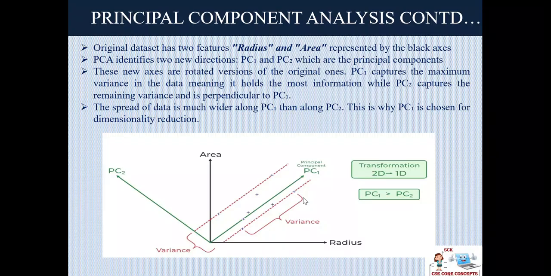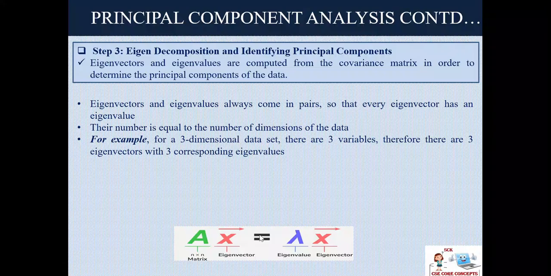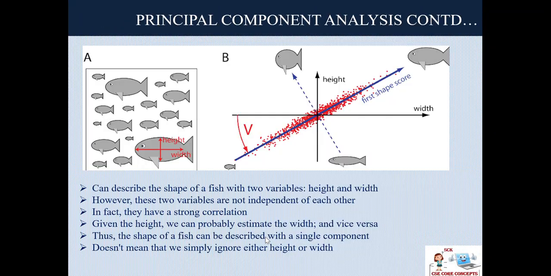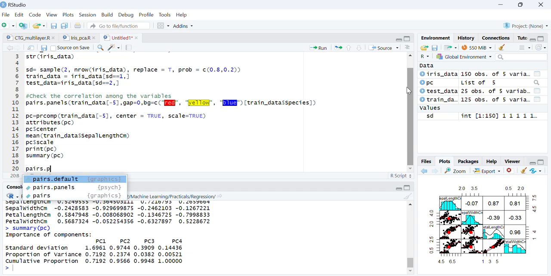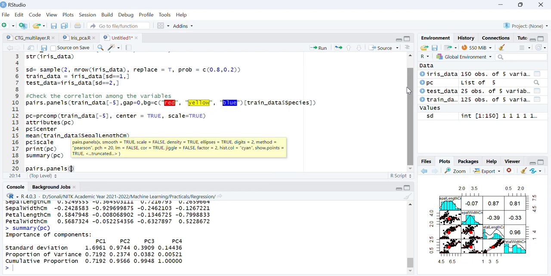PC1 is capturing that, but PC2 is capturing very, very little variance. If you have missed the fish example video which I explained, please go through it. It will be very useful for understanding the concept. In the fish example, principal component 1 was capturing the maximum variability. Understood?